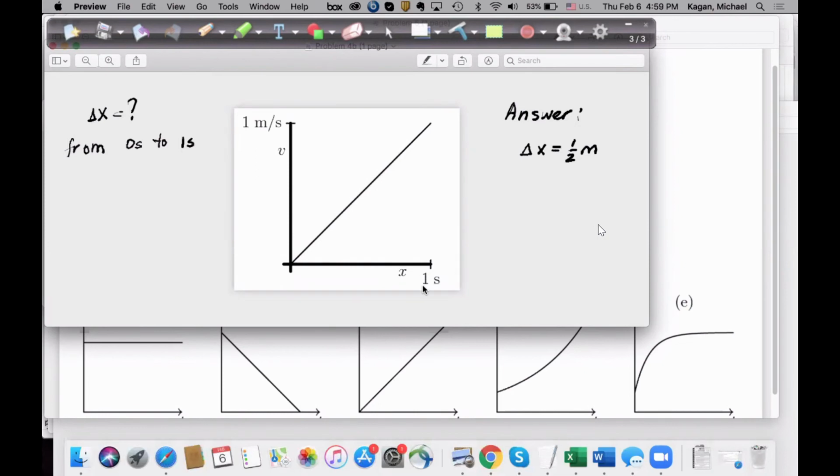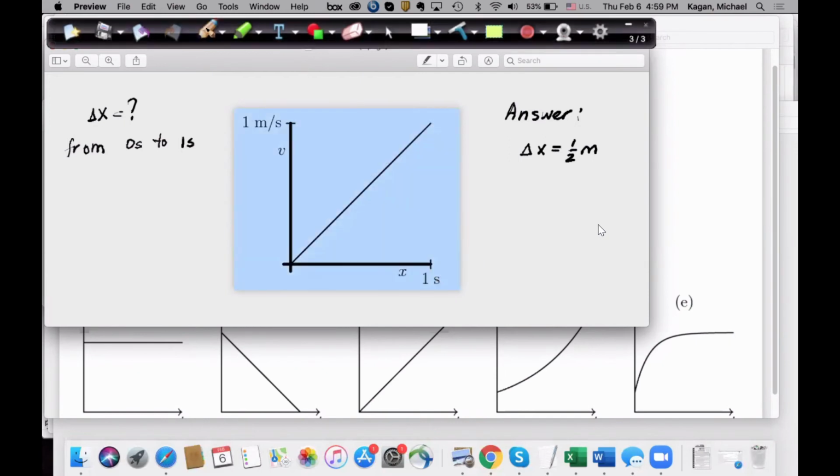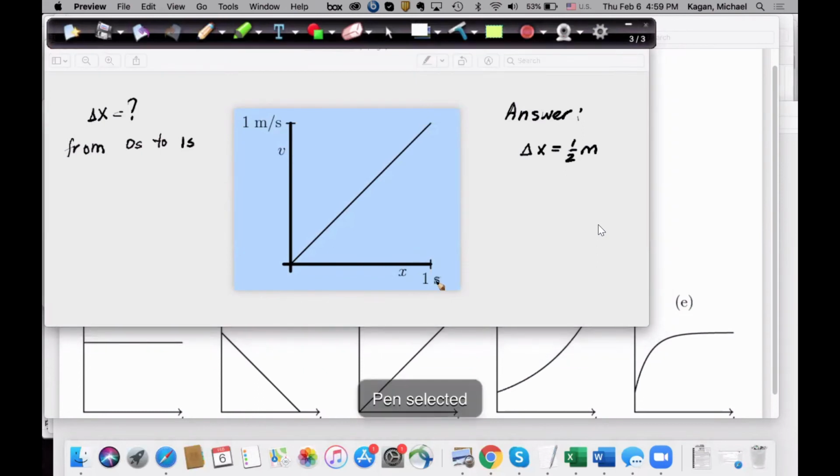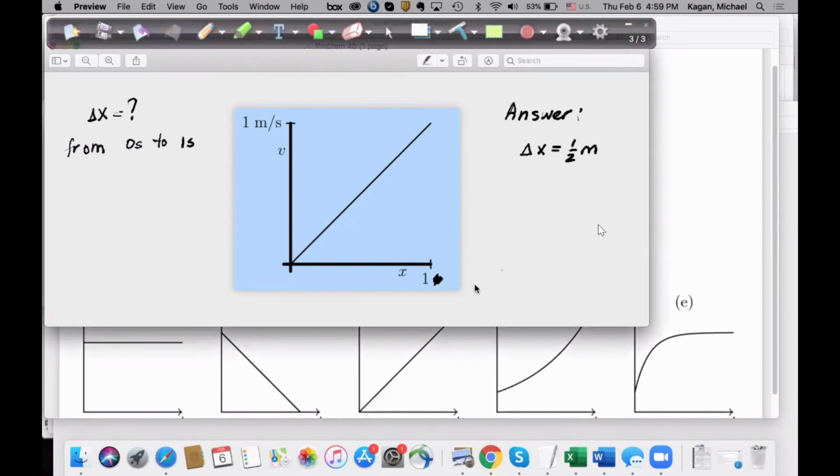Ignore this mark, it's not right. So what's the difference between this graph and the previous one? This one is versus position, right?